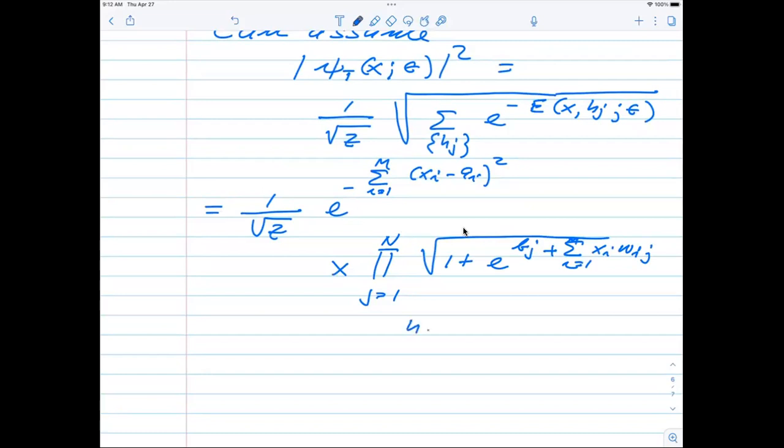So remember that this hj takes values 0 and 1 only.